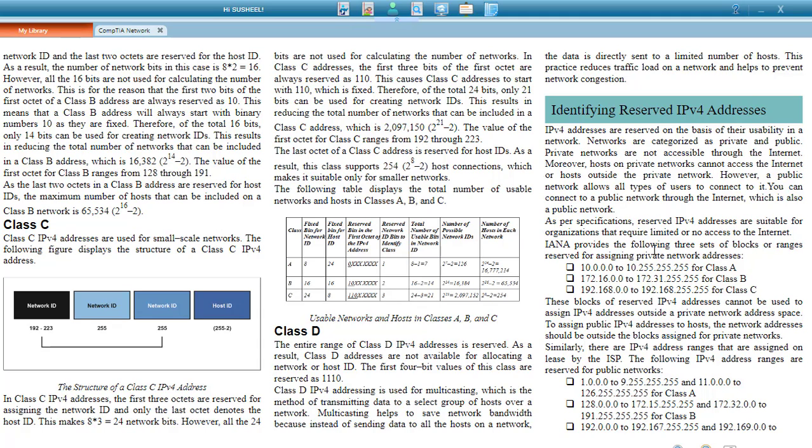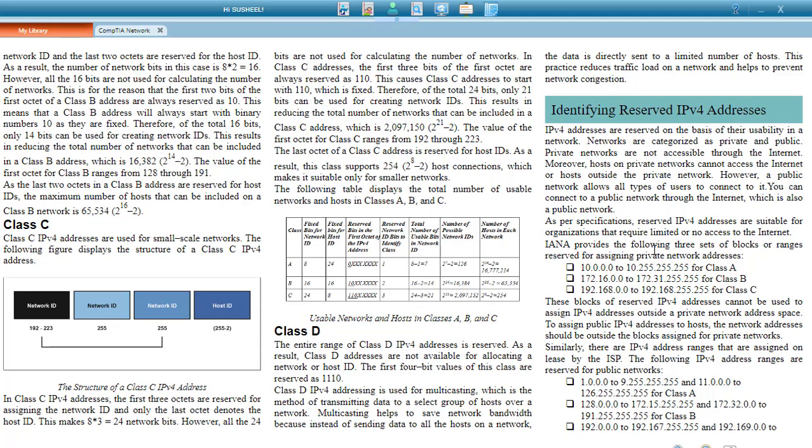However, a public network allows all types of users to connect to it. You can connect to a public network through the internet, which is also a public network. As per specifications, reserved IPv4 addresses are suitable for organizations that require limited or no access to the internet.